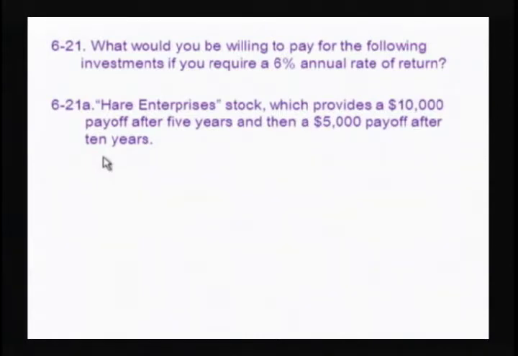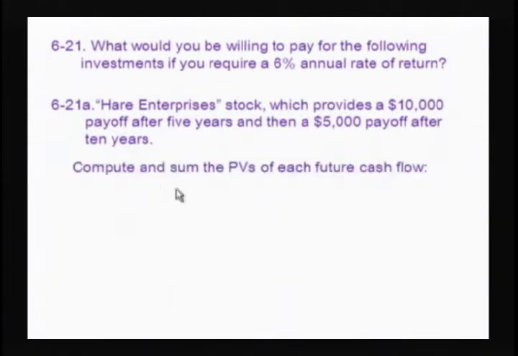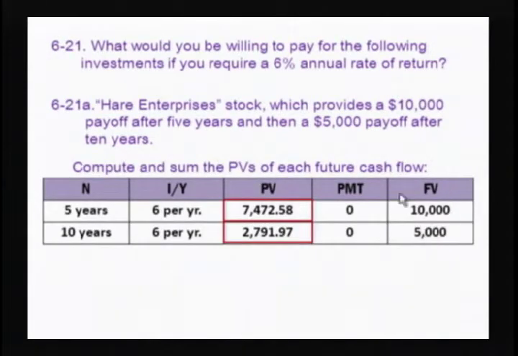Well, the value of any security equals the present value of the future cash flows you expect to get from that investment. So we can discount these future values individually, see what they're worth in present dollars, and the total investment will be worth the sum of those two present values. So the $10,000 payment to be received 5 years from now, discounted at 6% per year by itself, is worth $7,472.58.